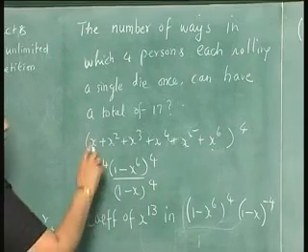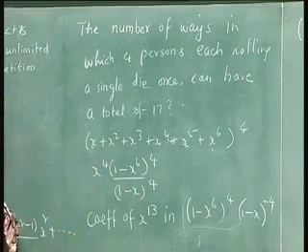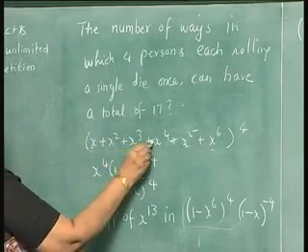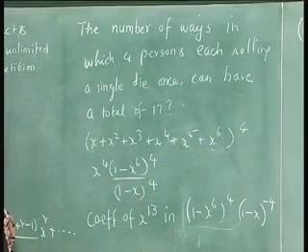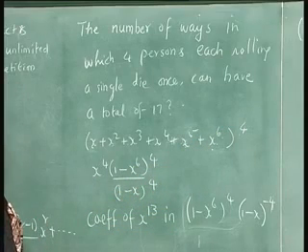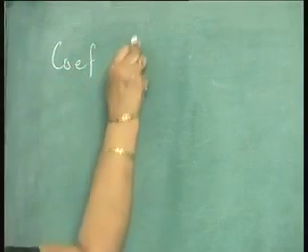So, this we can write as x power 4 into (1 plus x plus x squared plus x power 5) to the power of 4, and this is a geometric series. So, this you can write as x power 4 into ((1 minus x power 6) by (1 minus x)) to the power of 4.